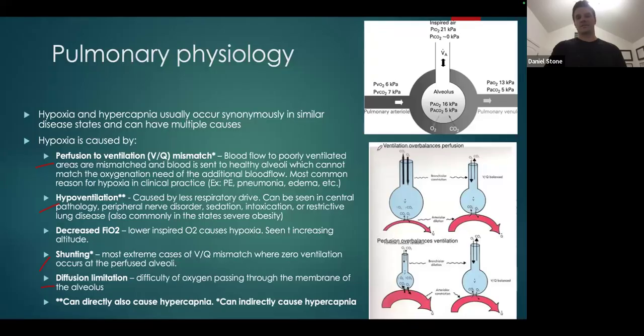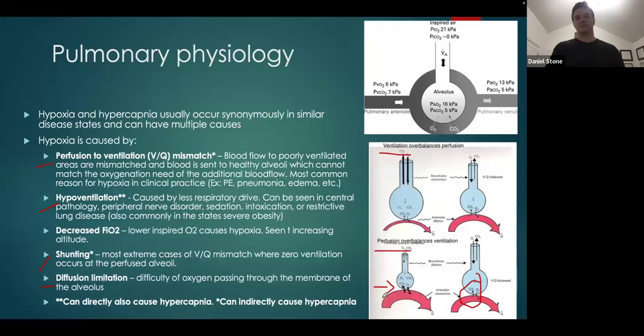In this bottom diagram, you can see there's basically a ventilation and perfusion balance. This happens with all portions of the lung. The lung capillaries react a little bit differently than all the body's other capillaries, in that when oxygen is present, the blood vessels dilate. So oxygen needs to be present in order to send blood.